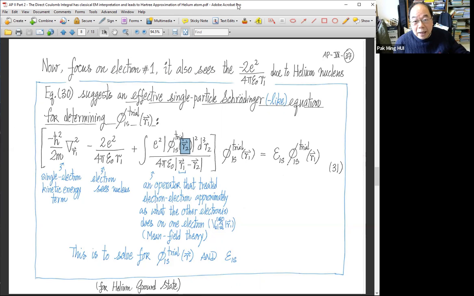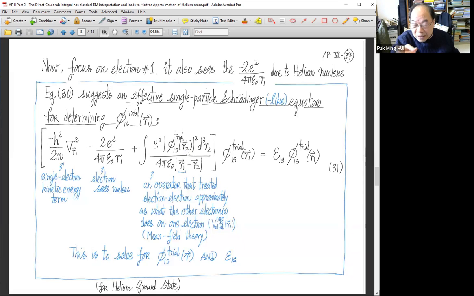All right, so now let me move on, and then at the end you may already understand what you want to ask further. This is a big step forward. Suddenly we realize there is a way to reduce a 2-electron problem into single electron problems.